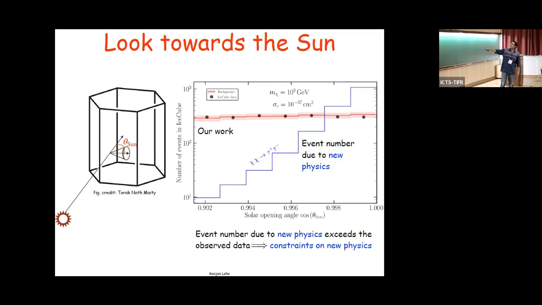This histogram is the event number due to new physics. This is the direction of the sun. So as you see, for this naive example, the number of events clearly exceeds what has been observed. This is the atmospheric neutrino data set, which is measured extremely well, with roughly 20% uncertainty, even if you include systematic uncertainty.